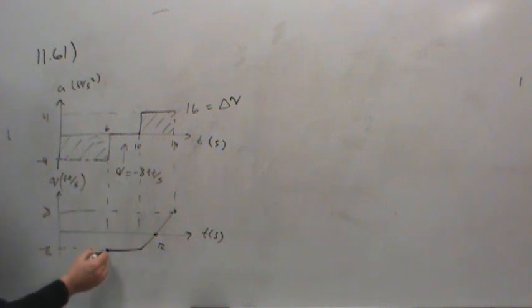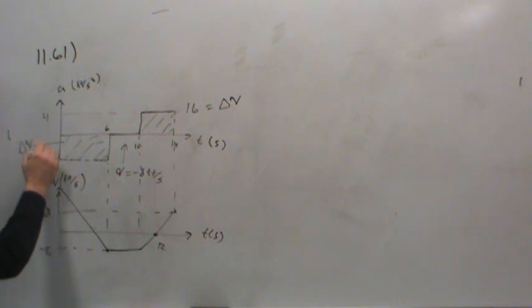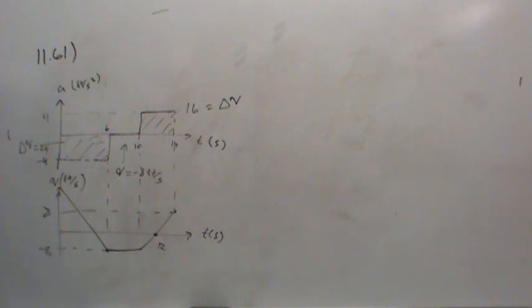So my graph is not to scale, this is going to be awful, but I need a change of 24, right? So let's say negative 8, 16, so this would be 16 feet per second. So my math is right, that's a change in velocity of 24 feet per second. Okay? Any questions about all this?